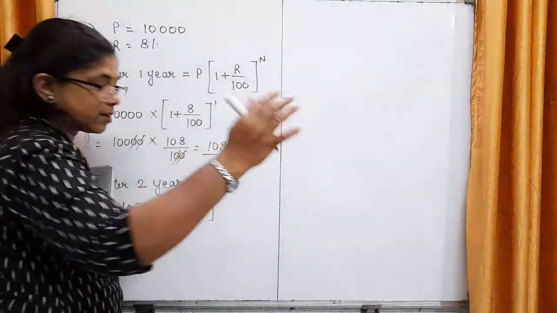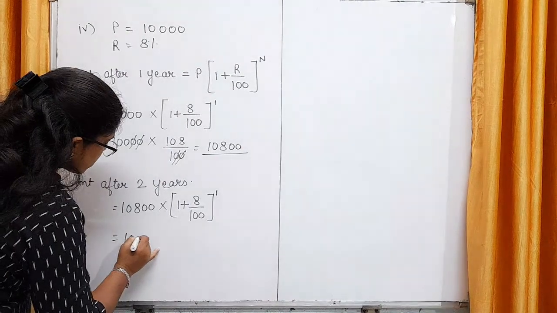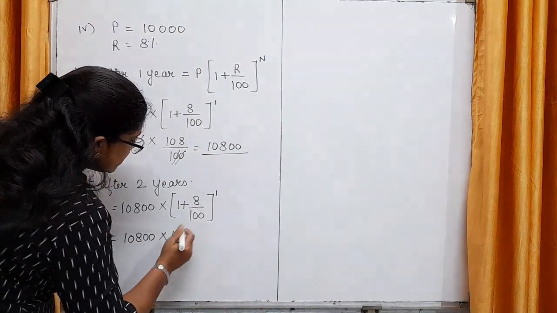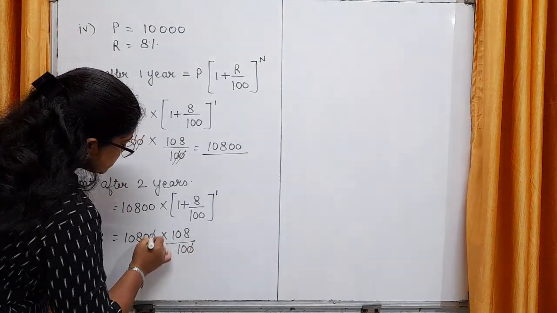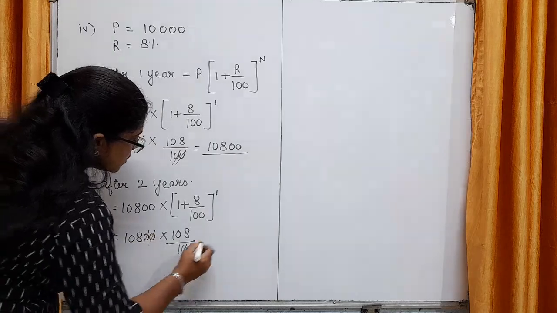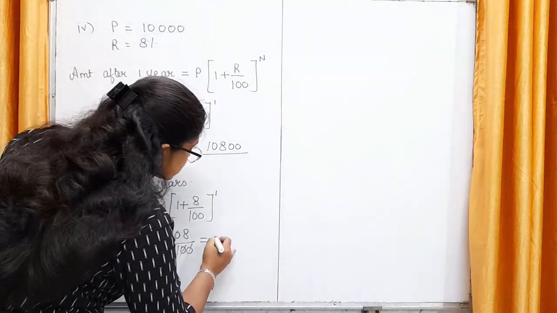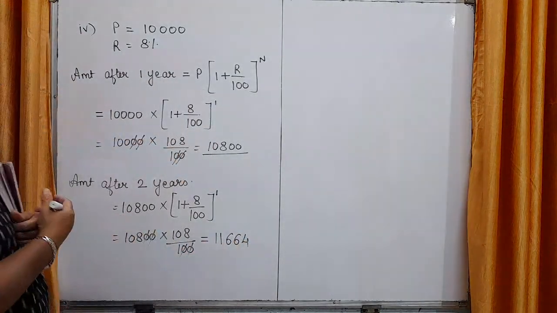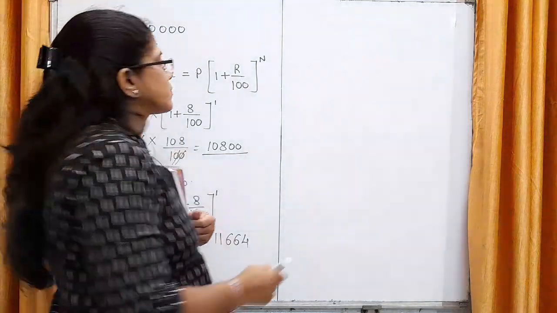Means only 1 year. We are calculating for one year. 10,800 into 108 upon 100. 0, 0, 0, 0, cancel. 108 into 108 is 11,664. This is amount after 2 years.